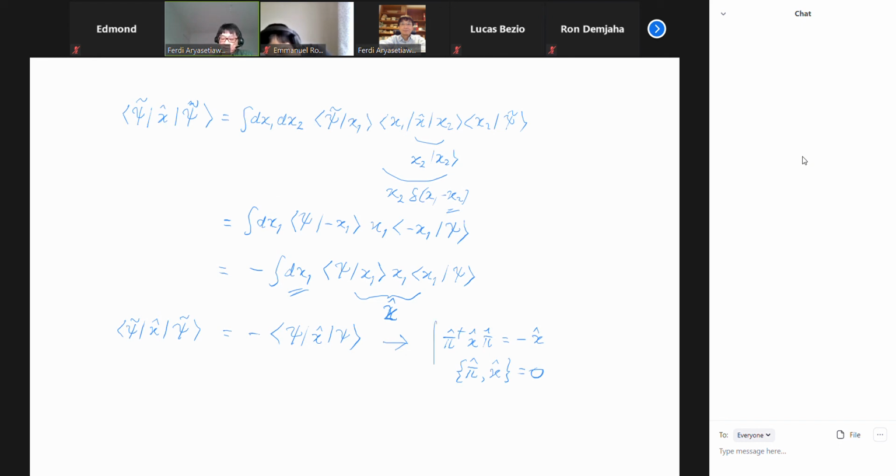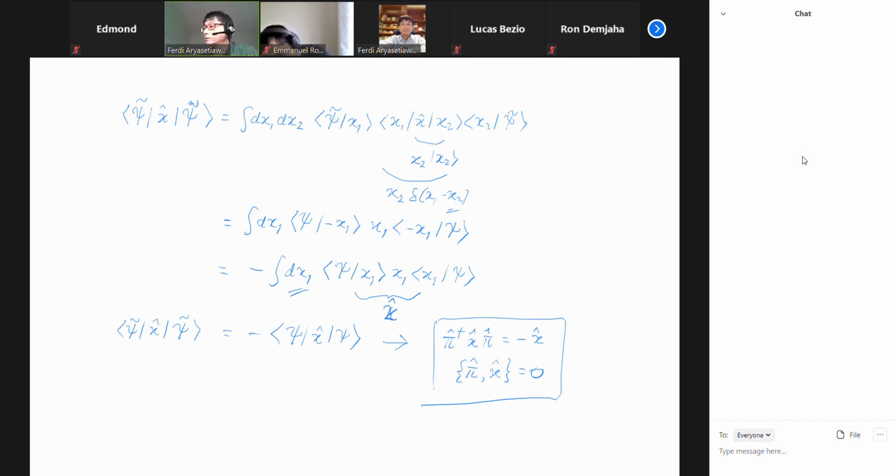After all, pi is the parity operator, the inversion operator. I would expect that it reverses the position operator.